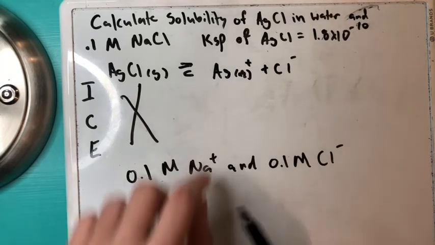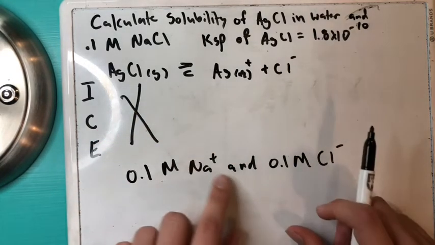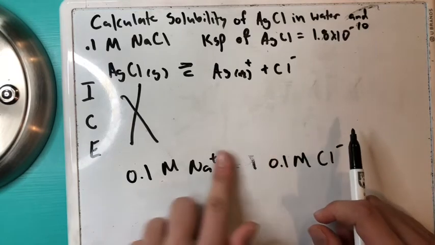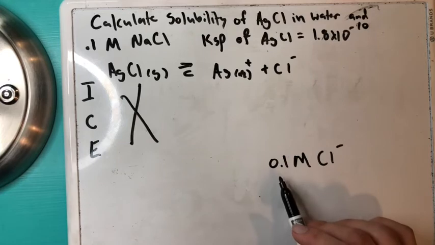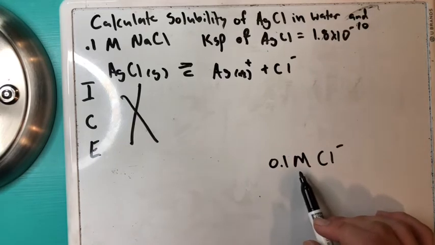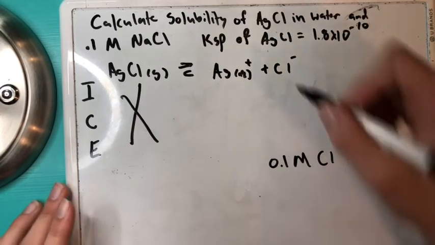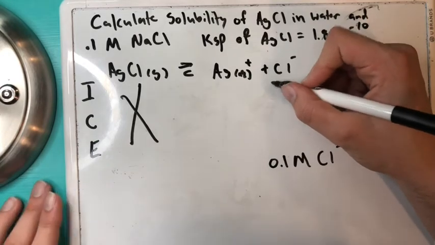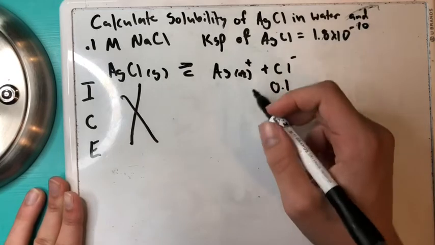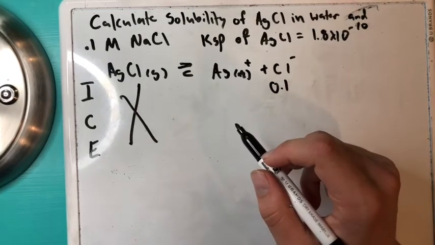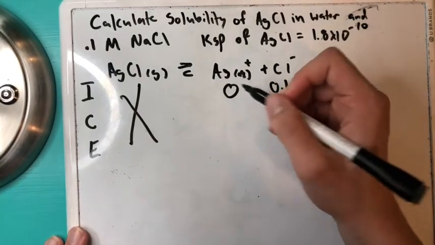So the Na isn't part of this equation, so we can ignore the Na plus ion. But there's already going to be 0.1 molar of the chloride ion in the solution. So initially there is 0.1 molar. And for the Ag, there's no Ag in here, so we can just put this as 0.